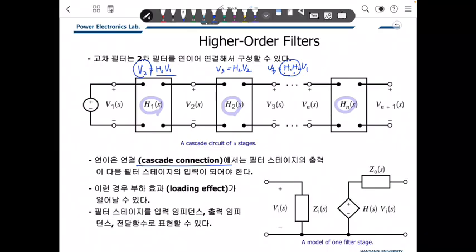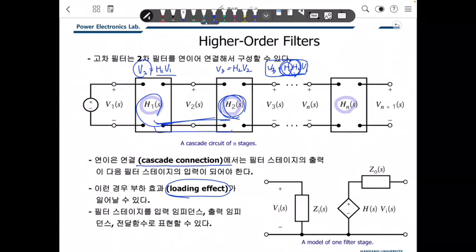It is a very good idea, but there is a very important characteristic you need to consider. There is a loading effect. To satisfy these characteristics, H1 should be H1 even though two filters are connected in series, and H2 should be H2 even though two circuits are connected to each other.